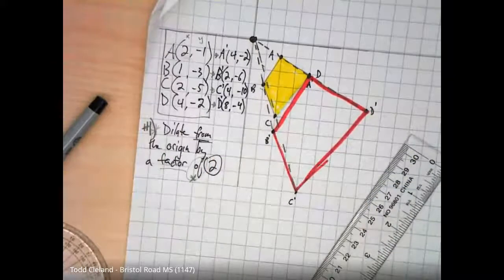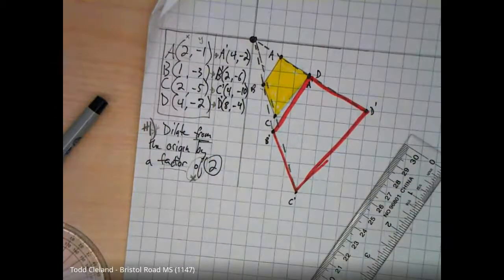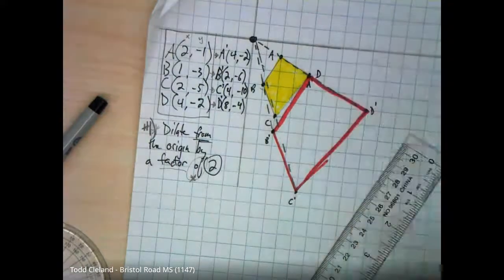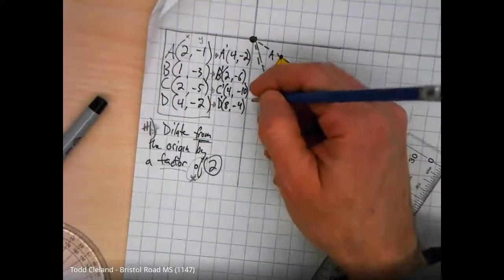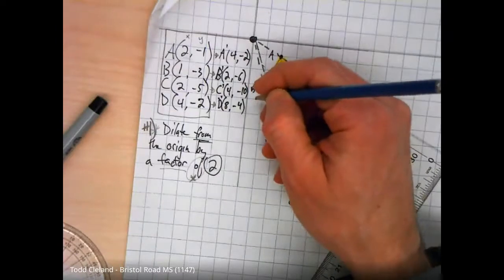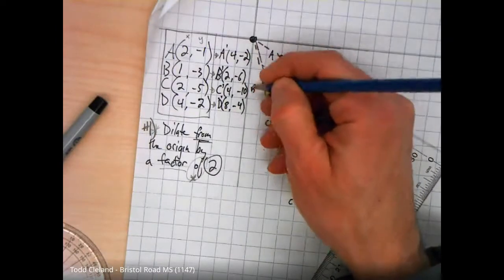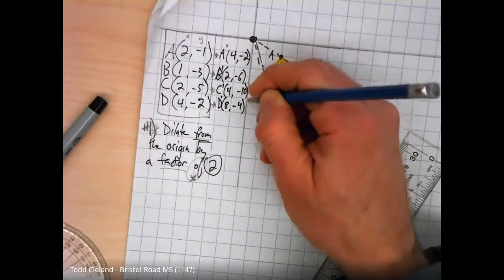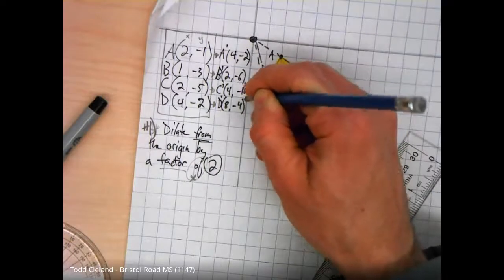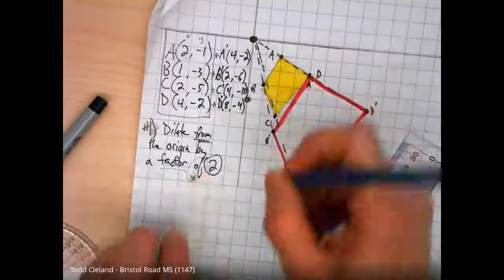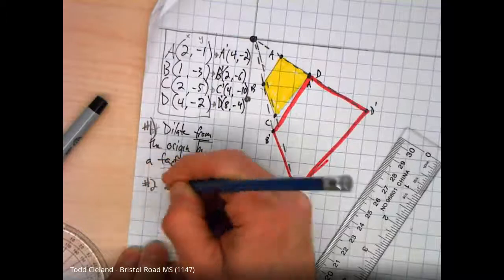So you can see the angles are congruent between the two, and the line length is now doubled because we have increased by 2. So just for fun, let's try dilating the original from the point 0, -4. This is the second one.